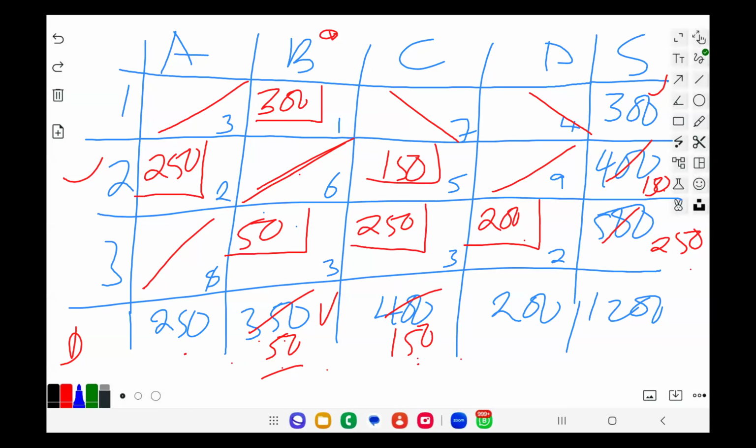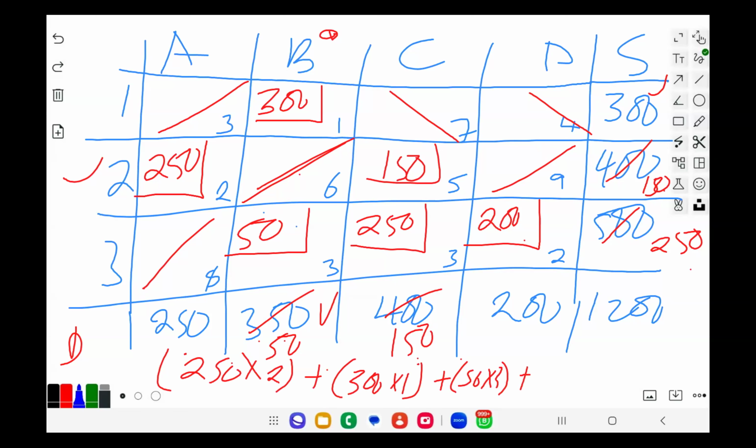Then now, as usual, we go back. This is called the least cost method. You go to the allocated cells. It will be 250 times 2, right? Plus 300 times 1, plus 50 times 3, right?